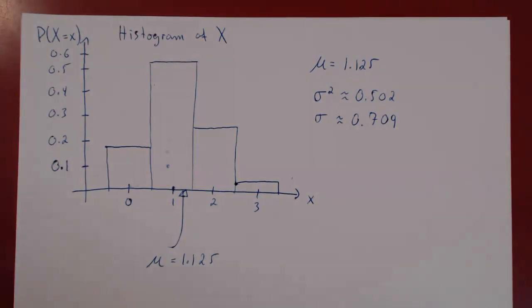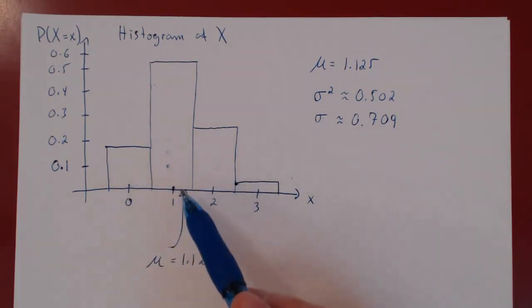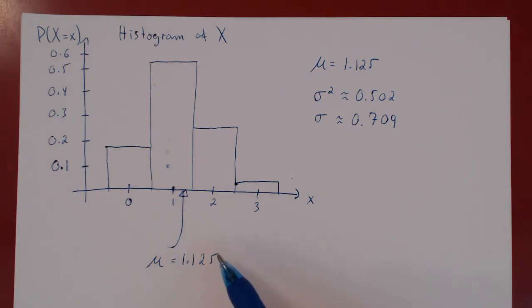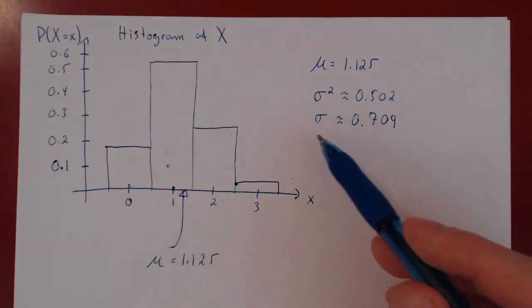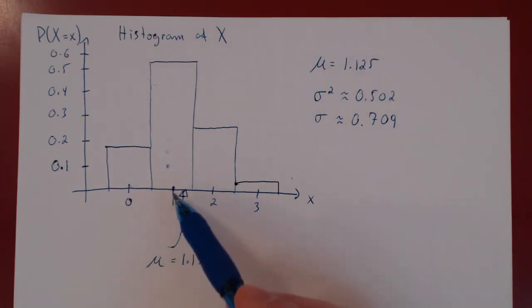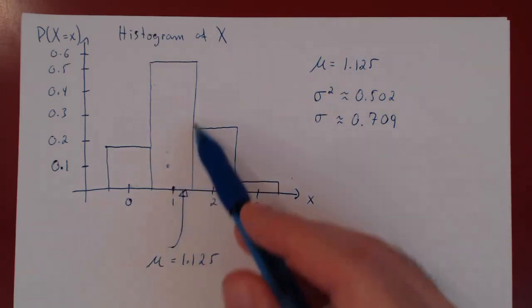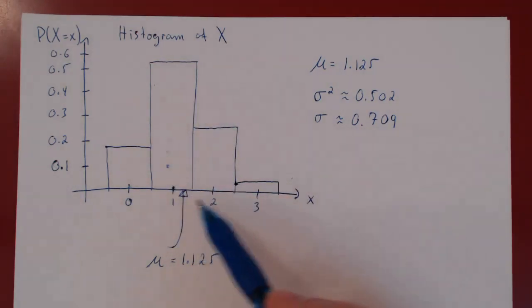And the mean is, again, the average value of the random variable. So you can look at the histogram and say, the average is a little bigger than 1, and here it's 1.125. And the deviation gives you how much variability there is from the mean. And you see the deviation here is not too big, so most values are about the mean.